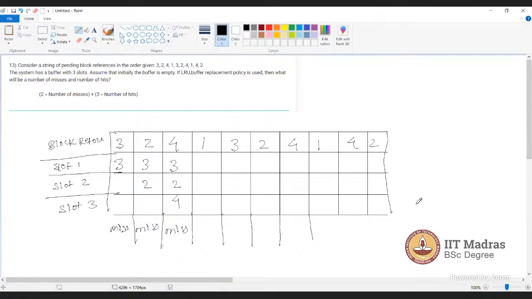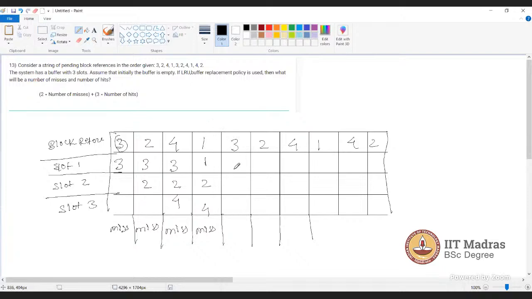Then 1 is not there, miss. So you have to find the least recently used. 3 will be replaced. So 1, 2, 4, and this will be a miss. Then insert 3. 3 is not present in any slot, so you have to remove 2.